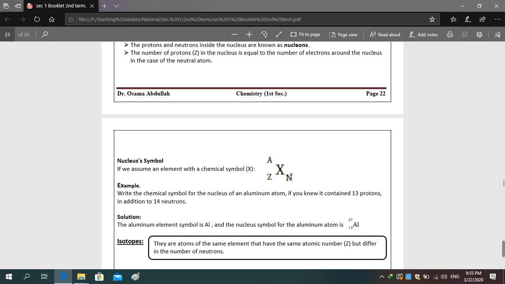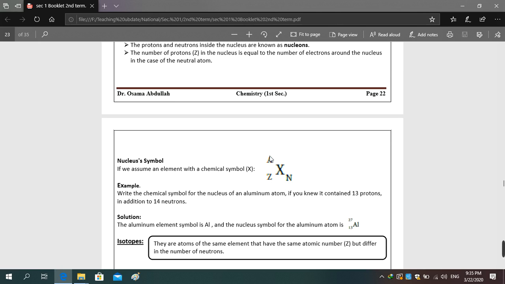For any atom, if we suppose that the atom has a symbol X, the mass number is written in the upper right or the upper left side of the element symbol. The symbol A represents the mass number, the symbol Z represents the atomic number, and the symbol N represents the neutron number.